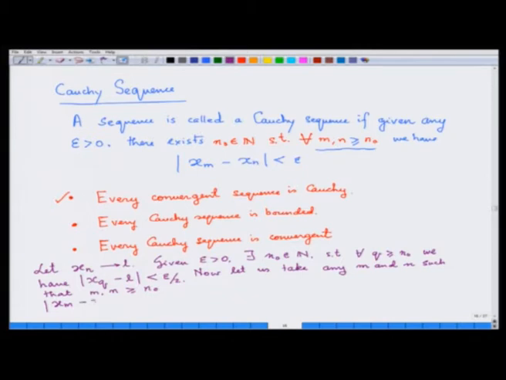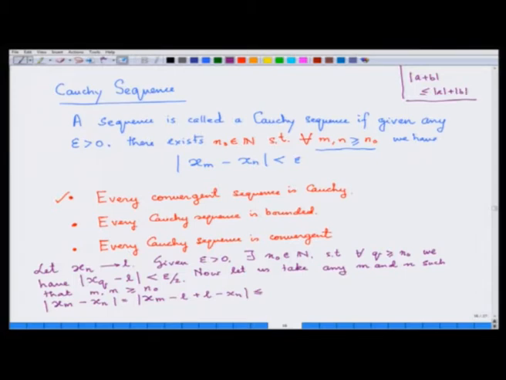The distance x m minus x n, I can now write as x m minus L plus L minus x n. So, I am adding L and subtracting L. Now, by the standard fact about absolute values, that the absolute value of A plus B is at most the absolute value of A plus the absolute value of B, which is of course true for any real numbers, even if you have forgotten. It is sometimes called the triangle inequality.